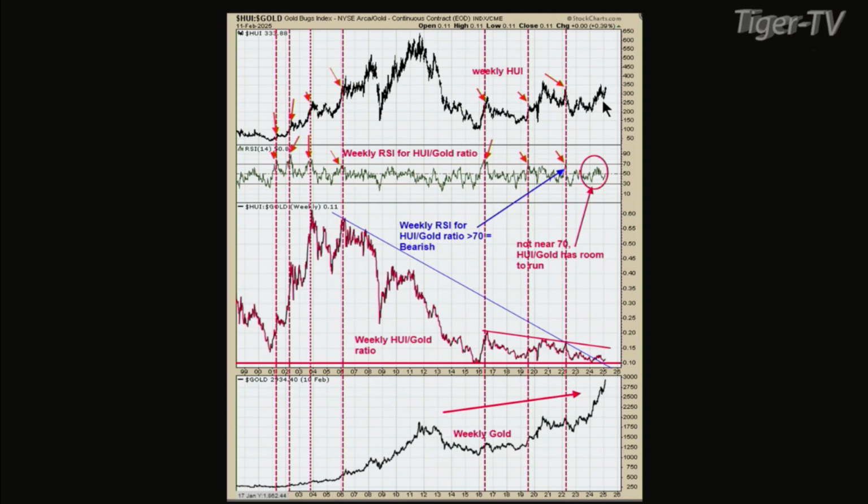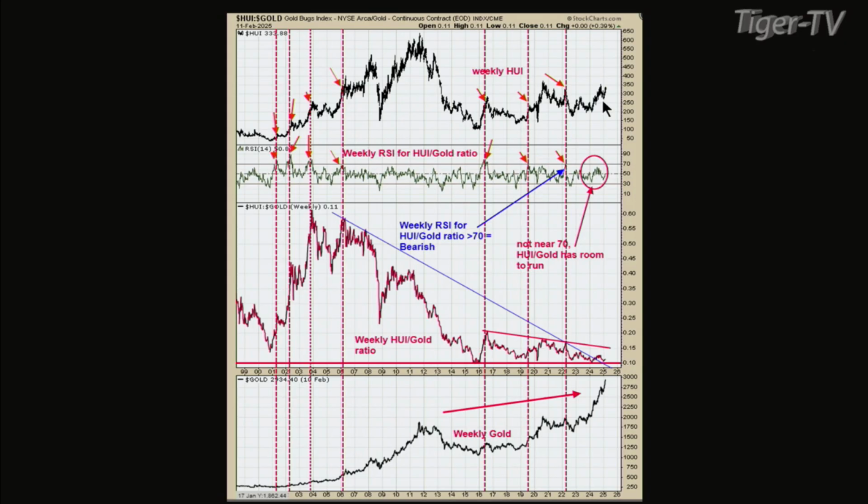Once that ratio gets above 70, a lot of times you'll have at least a multi-month consolidation, even though you may still be in an uptrend. I marked the times going back to about 2000. And we're kind of middling right now, around 50. So the market could rally several more months before that ratio gets, if it indeed gets, up to 70.